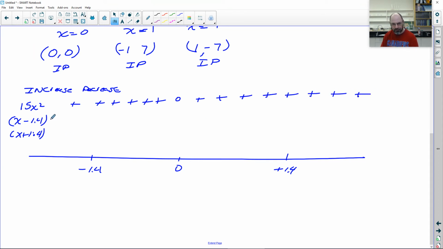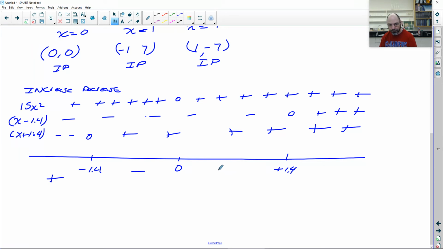Okay, this negative 1.4 is 0 right here, positive up here, negative down here. This one is 0 right here, negative below it, positive above it. So here's our areas of increase, decrease. We have a positive, a negative, positive.